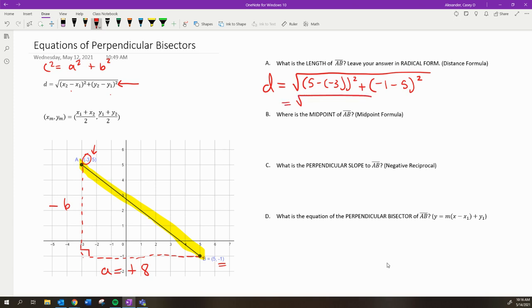Simplifying, that's 8 squared plus -6 squared. The negative sign is okay because a negative squared is a positive, so that's 64 plus 36, or 100. So the distance is the square root of 100, which is 10. So that has a length of 10 units.